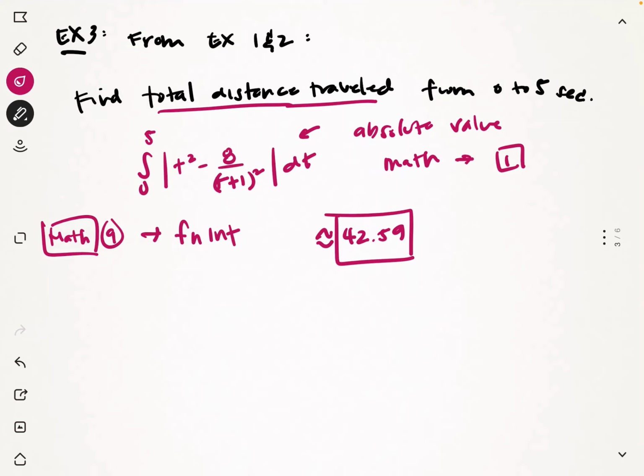That would be the total distance, the total units traveled from 0 to 5.